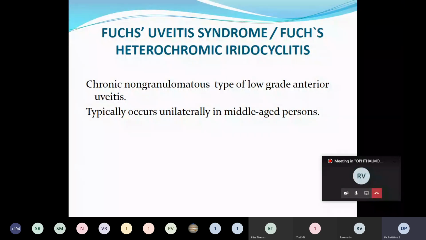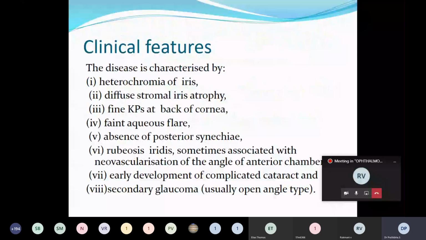It typically occurs unilaterally in the middle-aged. The salient features are heterochromia of the iris. There may be diffuse iris atrophy. The pathognomonic feature is fine keratic precipitates all around. All the features of uveitis will be there, except that only a very faint aqueous flare will be present.